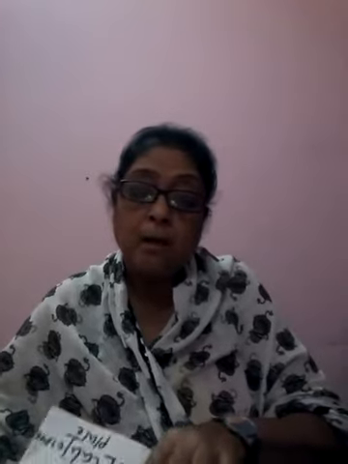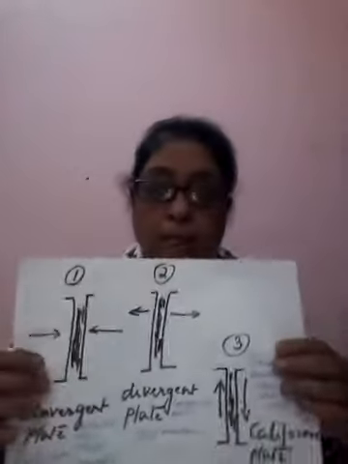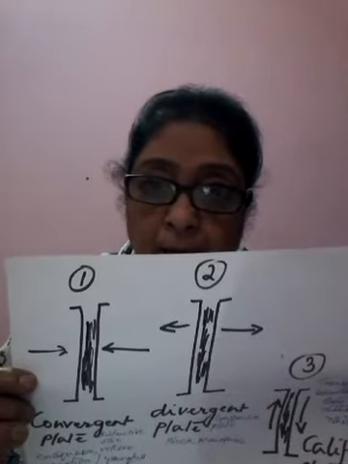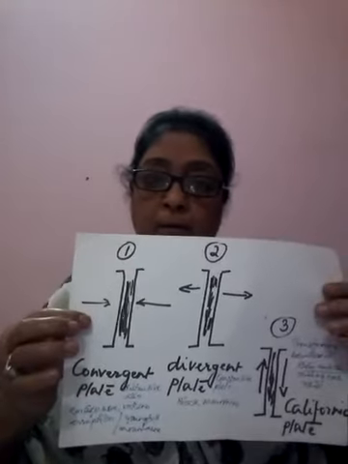So today we will discuss 3 movements of the tectonic plates. Because it is difficult to teach you clearly or in a vivid manner in an online class, I have drawn 3 figures. Can you see? 3 figures or diagrams that I have drawn.